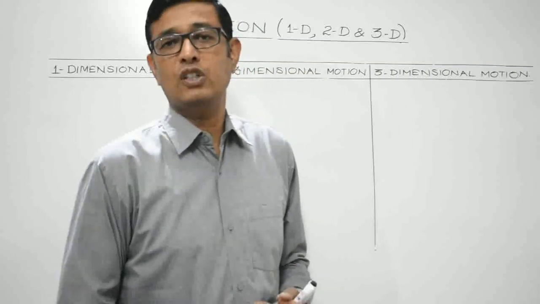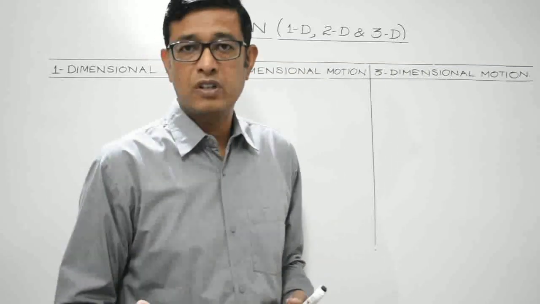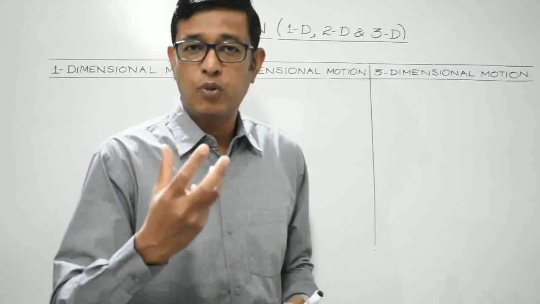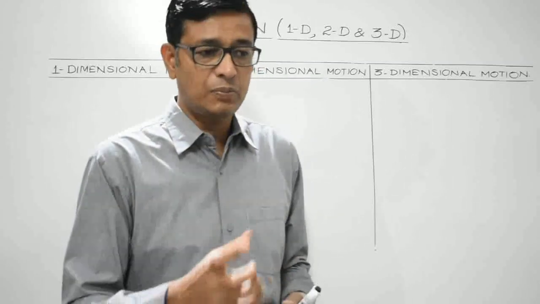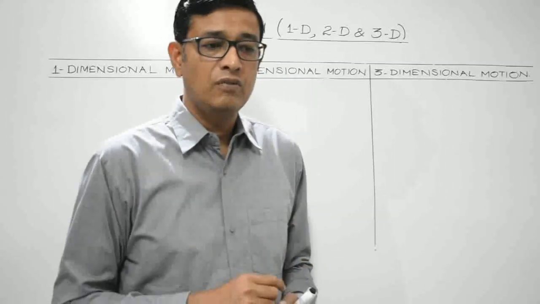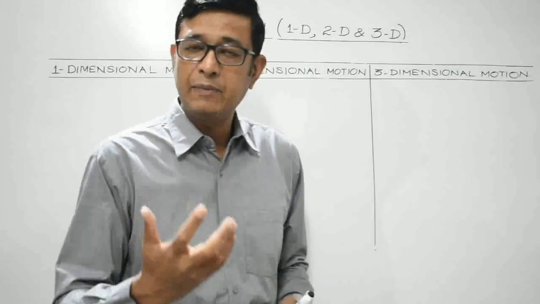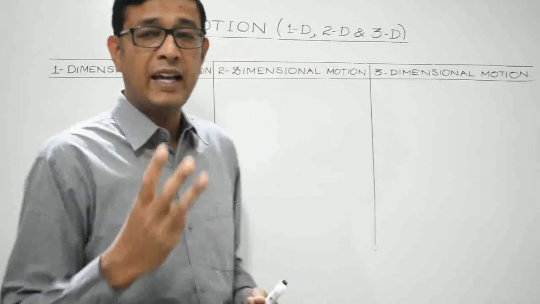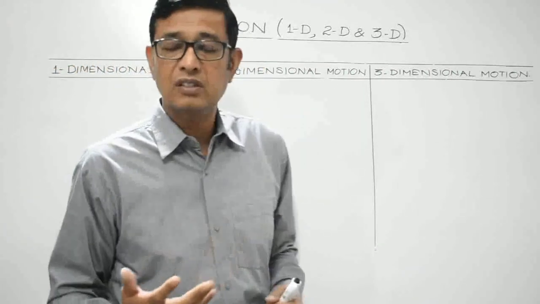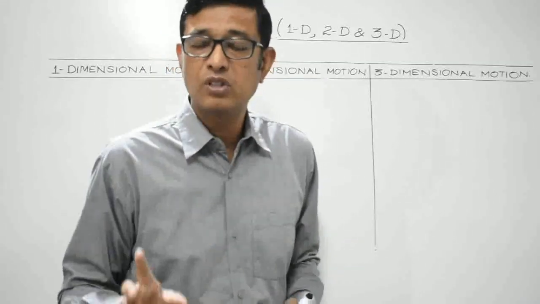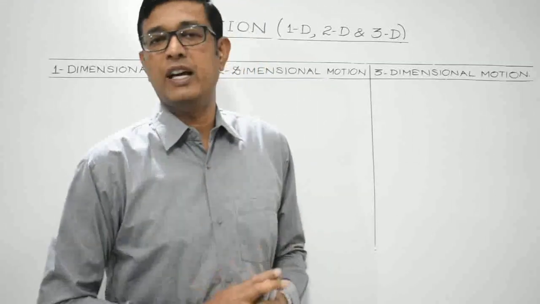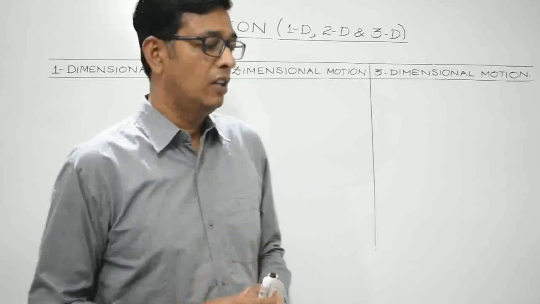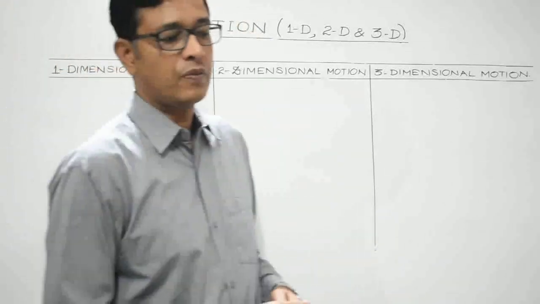But first, let's start with rest, motion and the concept of a point object. In this session, we will also discuss the types of motion. There are three types of motion which we are going to discuss: one-dimensional motion, two-dimensional motion and three-dimensional motion. So, let's begin with motion.